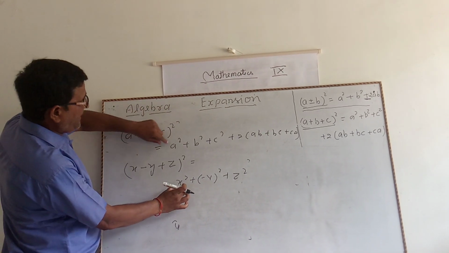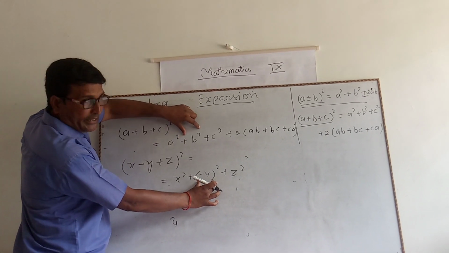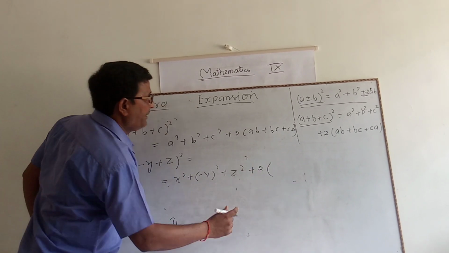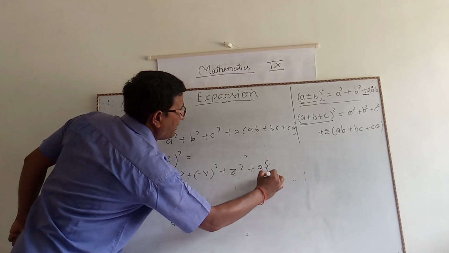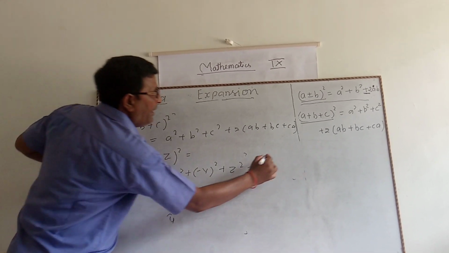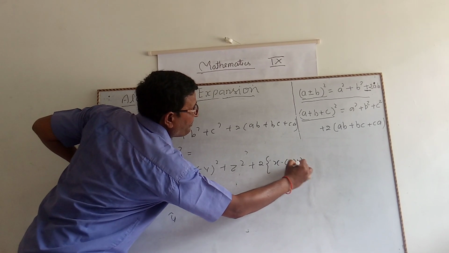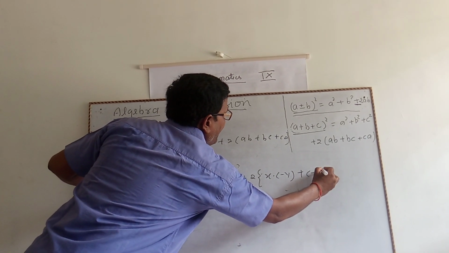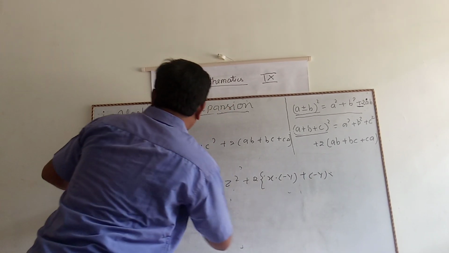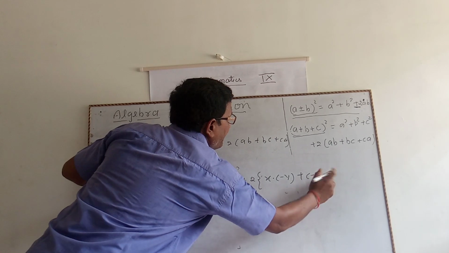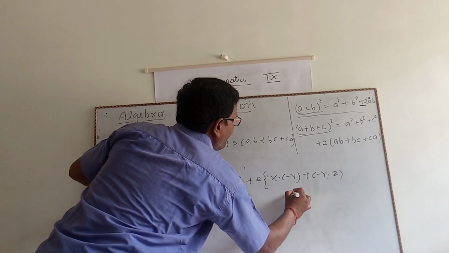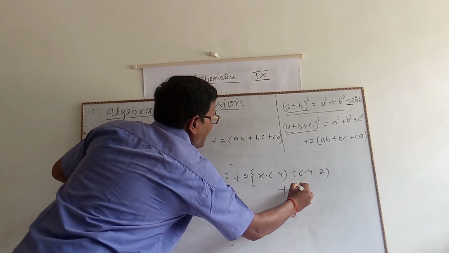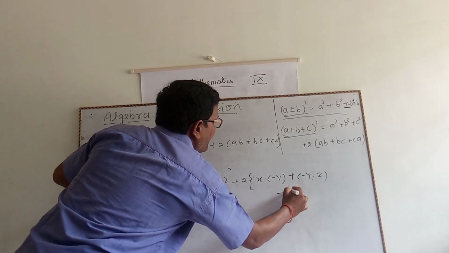Just see, square of the first term plus square of the second term plus square of the third term plus 2 into, if you want, write a curly bracket: first term into second term, x into minus y, plus second term into third term, minus y into z, plus last term into first term, z into x, x into z.